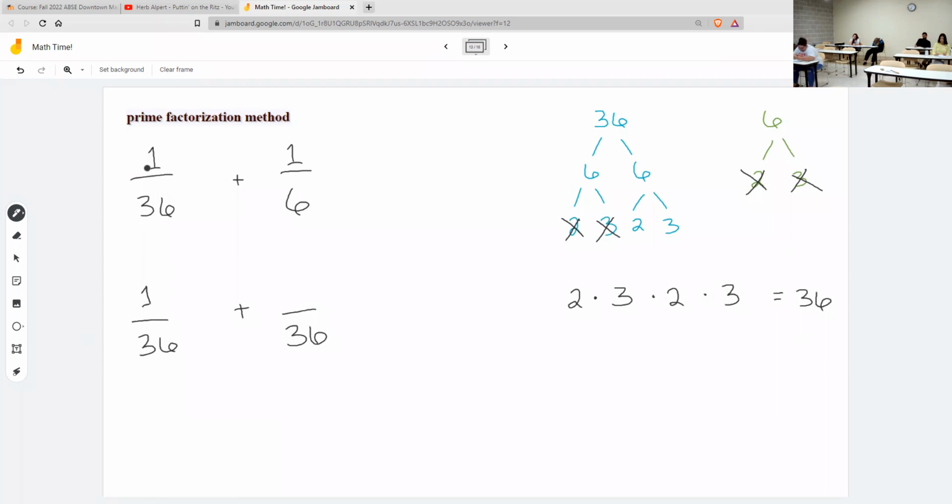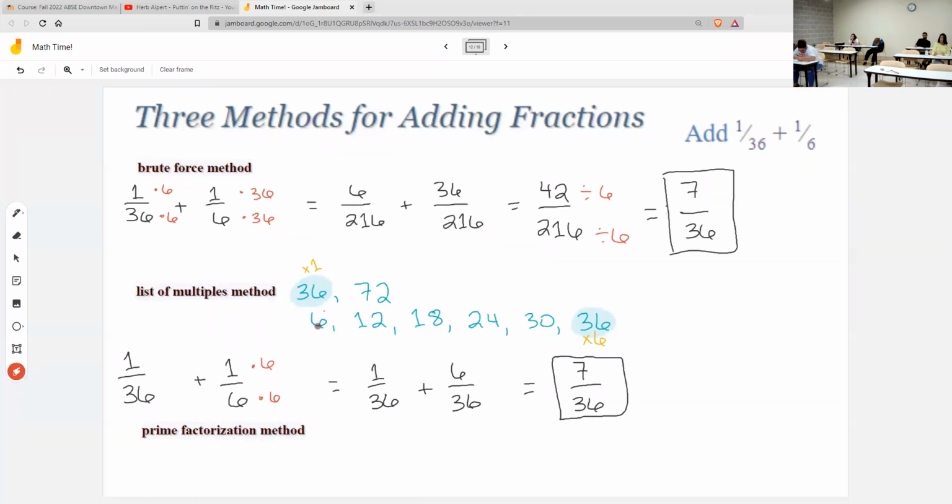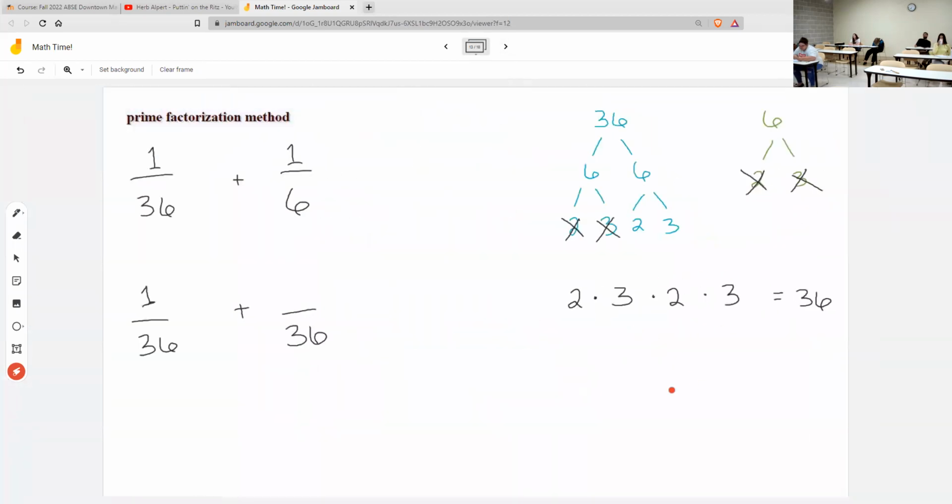Well, this one is obviously 1/36 because that's what it was before. In the list of multiples, I had that cute thing where I could count my multiples and get to 6 and know that that was a times 6. What is my cute thing here? It turns out it's the ones that were only on one tree, and that's why I wrote them.